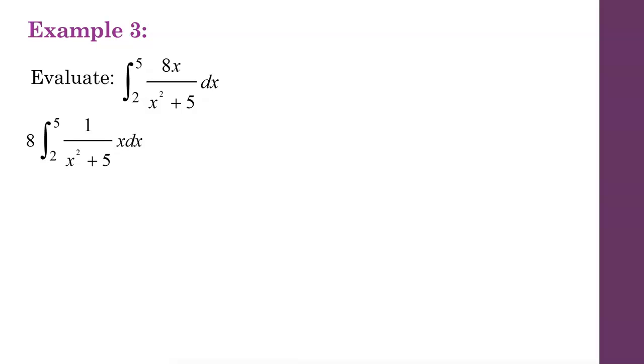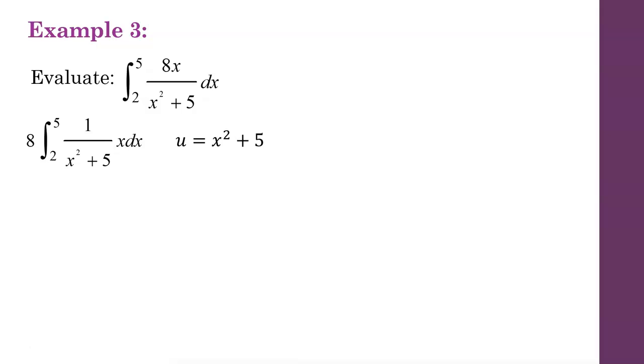So I have 1 over x squared plus 5 as my function, and x dx is going to contribute to my du. As I choose my u to be x squared plus 5, I should pay attention that this is continuous between 2 and 5. Again, it's a polynomial, so it's continuous everywhere.